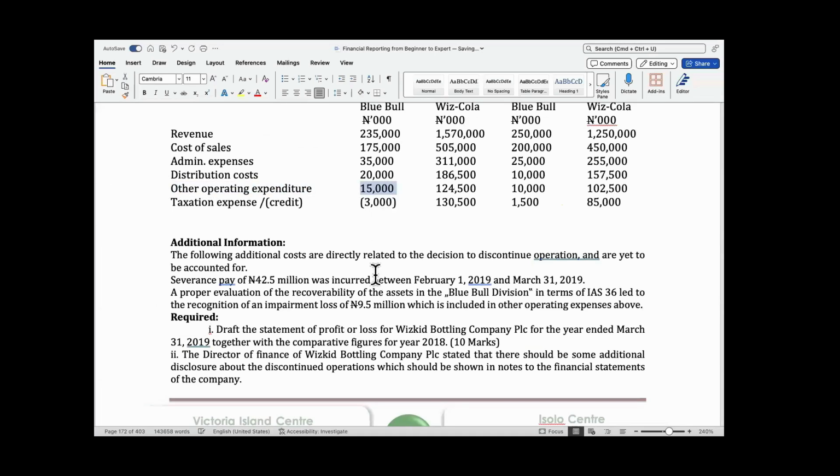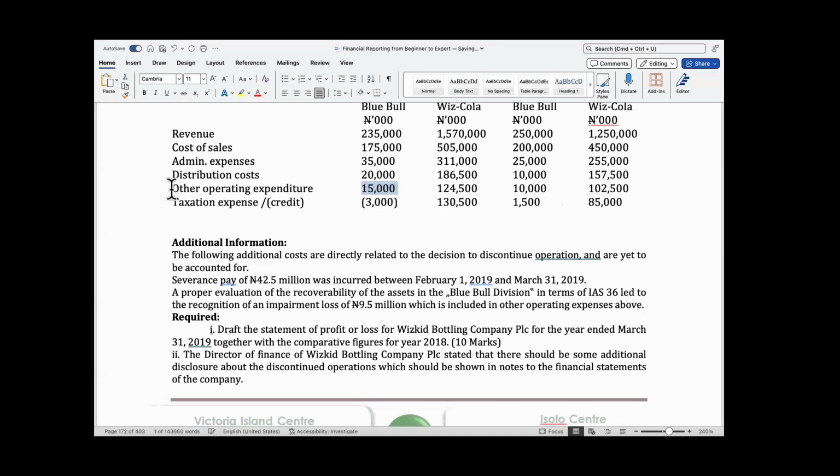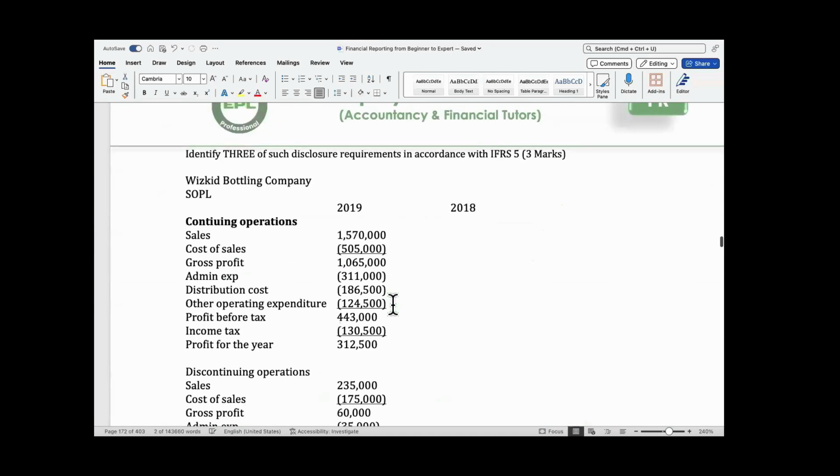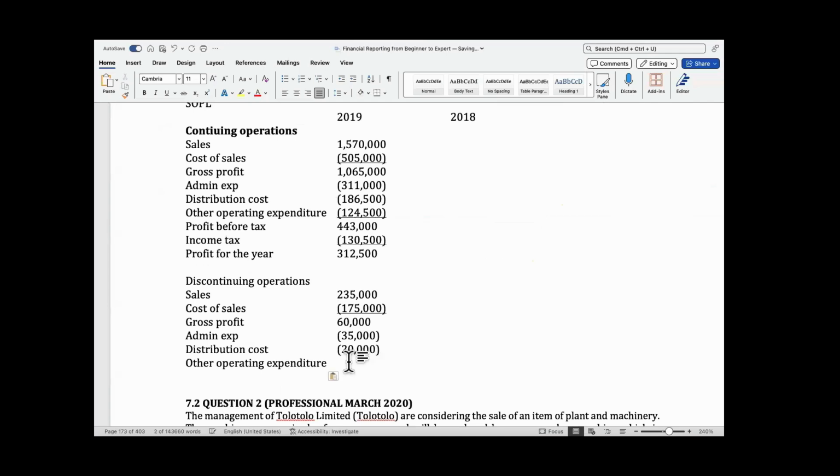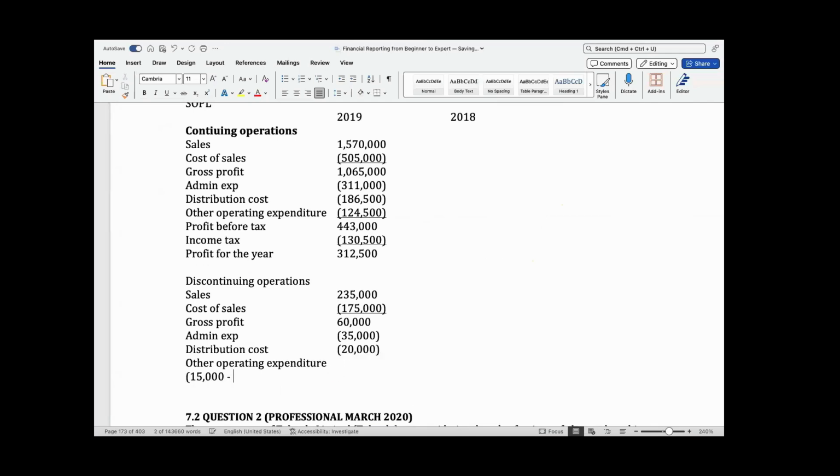But in this other operating expenses of 15,000, there is this 9.5 million that is there already. So I will have to remove it from here just so that I can present this separately. So my other operating expenses will simply be that 15,000 minus that 9.5.